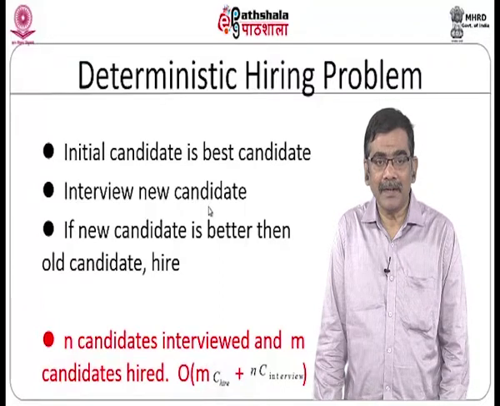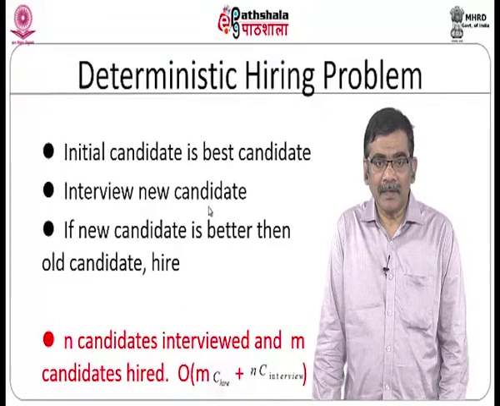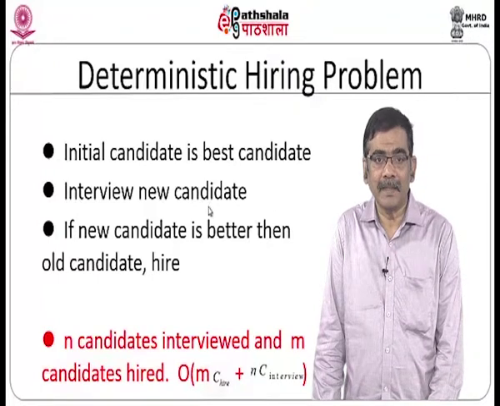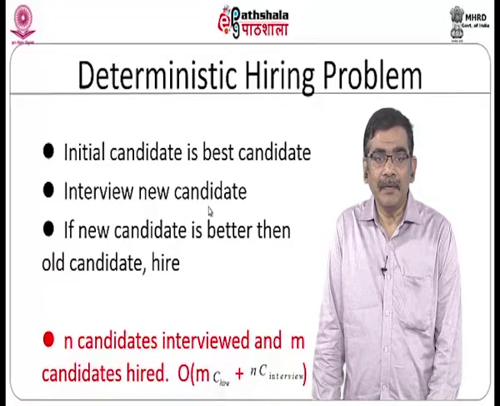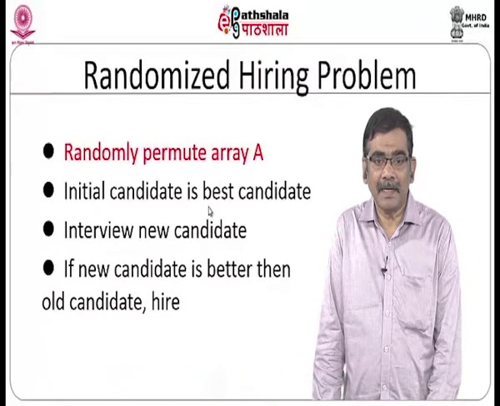If the hiring cost is c_h, then it is going to be m times c_h. So, the total cost is the cost of interviewing plus the cost of hiring. This is what the deterministic algorithm is all about. Here the interview cost you can't avoid, but the hiring cost can be targeted.